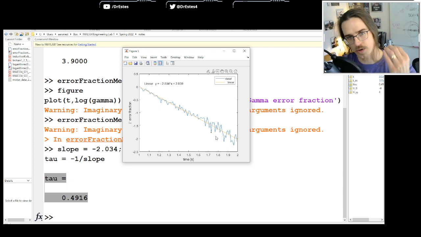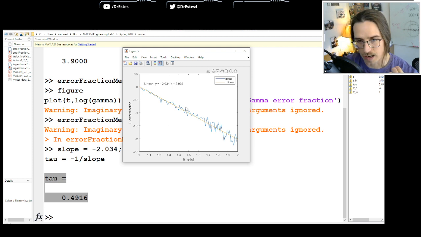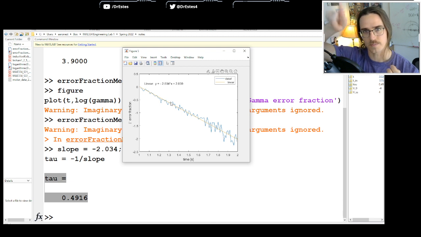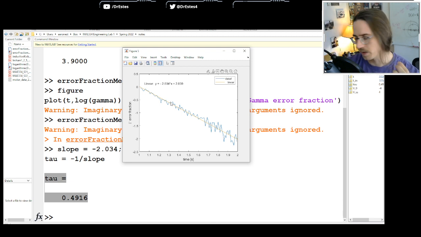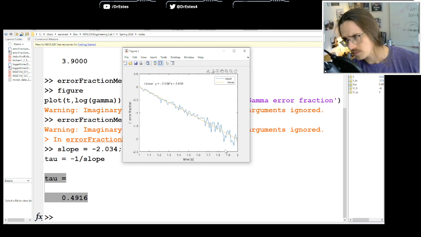Whereas when I was trying to find the time constant by eye, I'm looking in a specific region where there's peaks and valleys created by the noise, and that really affects your estimate. This method is doing an averaging regression analysis. It cuts through the noise and gives you a much more accurate estimate.